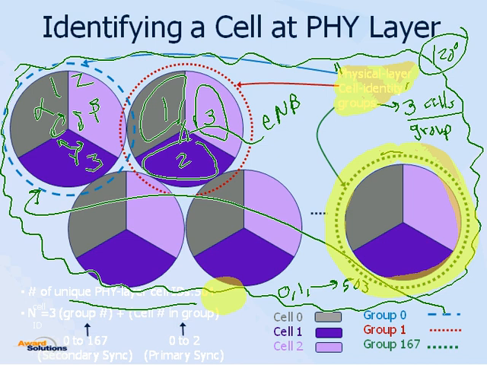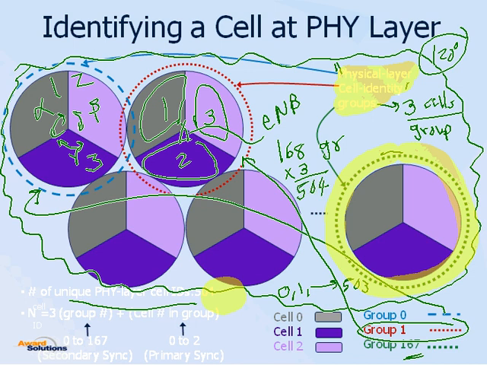Then we have another group here, group number 1, with another set of 3 cells, and so on. So we have created a total of 168 groups, and every group has 3 cells, a total of 504 cell IDs. So one cell is given an ID that depends on the group number and the cell number.